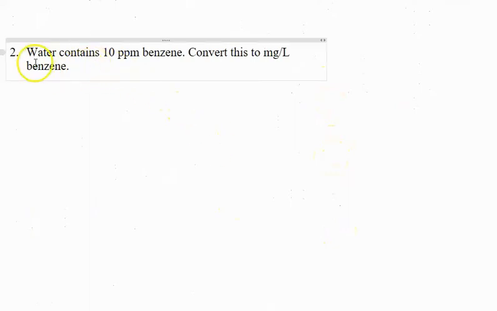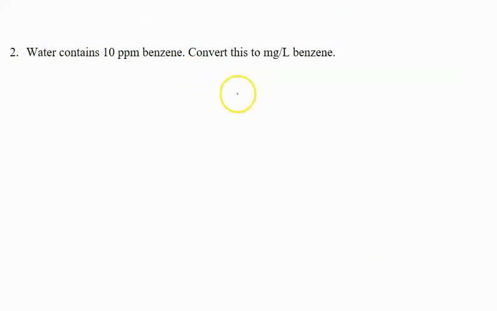Our next problem is water contains 10 ppm benzene, and we need to convert this to milligrams per liter. This idea of ppm is very, very common in environmental engineering and environmental sciences. And ppm means parts per million.